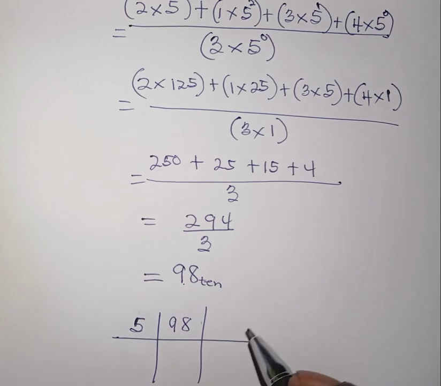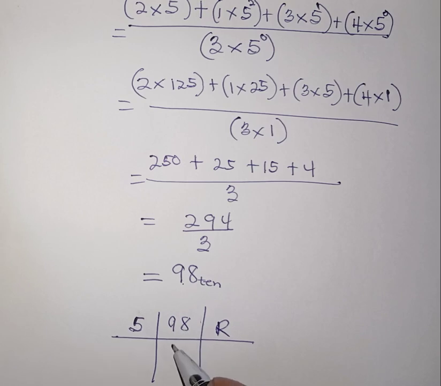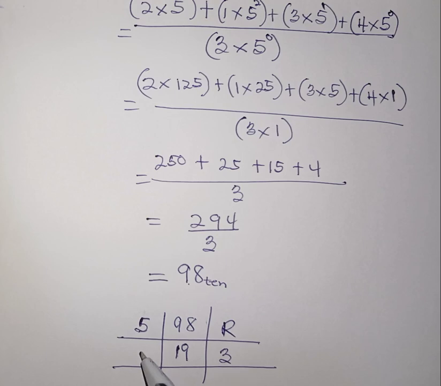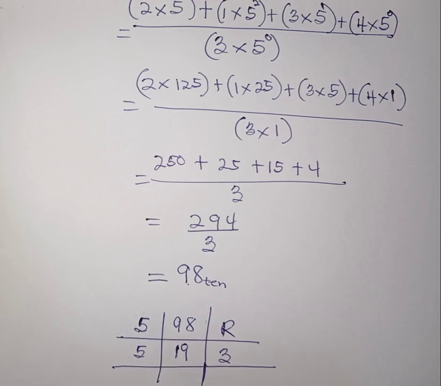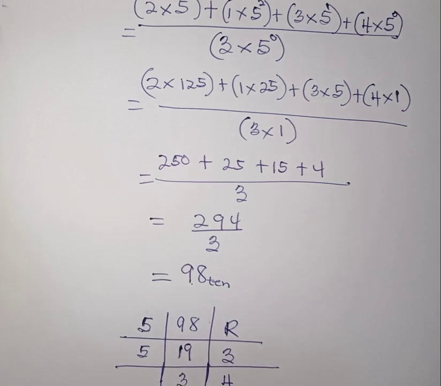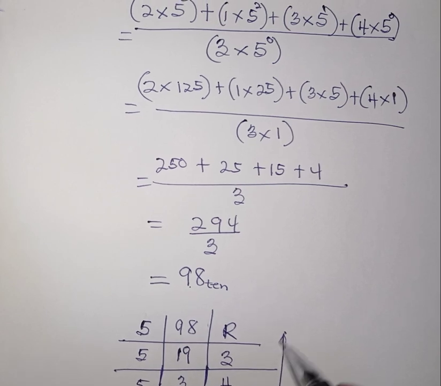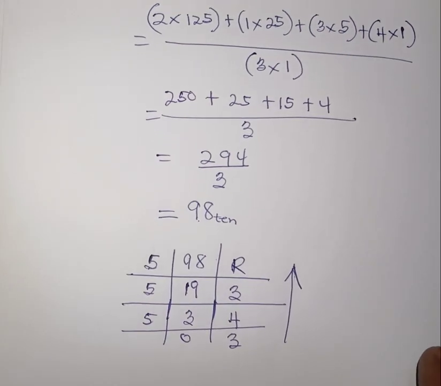Then we have the remainder. Remember, we've done all this in our previous video, so we don't have to waste time. Now 5 divides 9 how many times? So we are going to get 19, remainder 3. You can still divide 19 by 5, and that also gives 3, remainder 4. Even if you want to divide further, here will be 0, remainder 3.